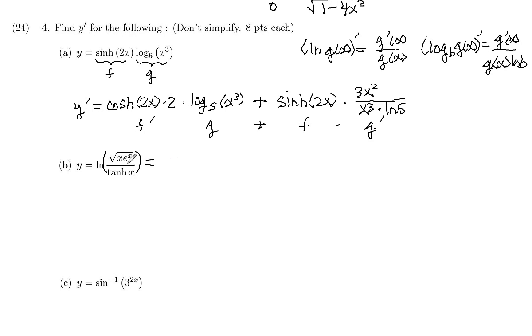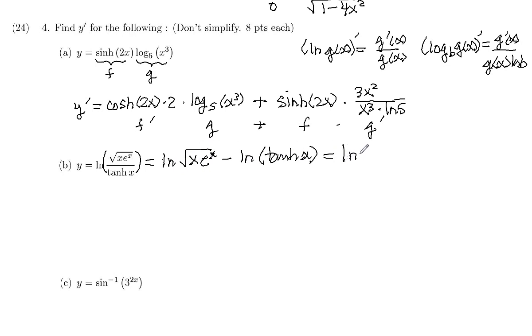So this is division inside, which is subtraction outside. So do log of the top, root x e to the x, minus log of the bottom, natural log of that hyperbolic tangent. And then remember that a square root is a 1/2 power, and exponents inside logs factor down.